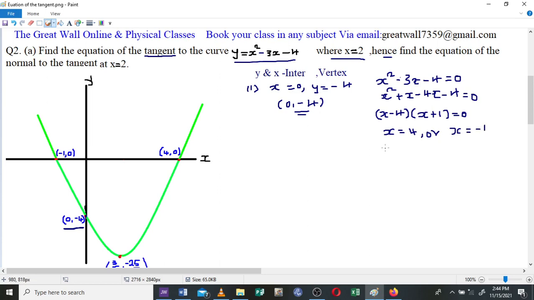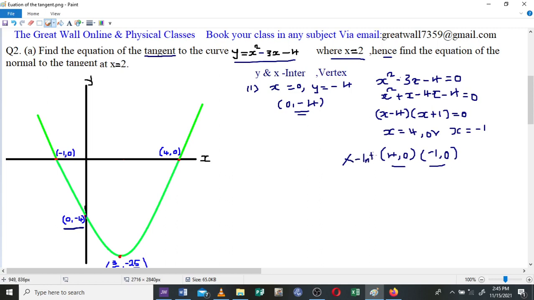That means for the value of y equal to 0, you have the point 4, 0, and you also have x equal to -1, so you have -1, 0. So these are your x-intercepts. Are you able to see this on the graph there?